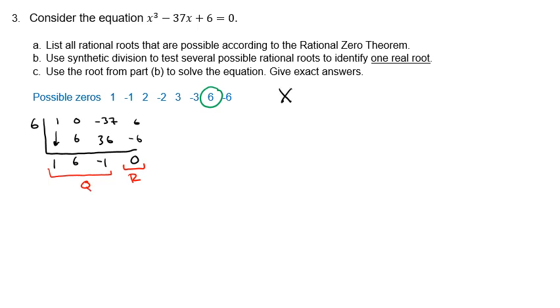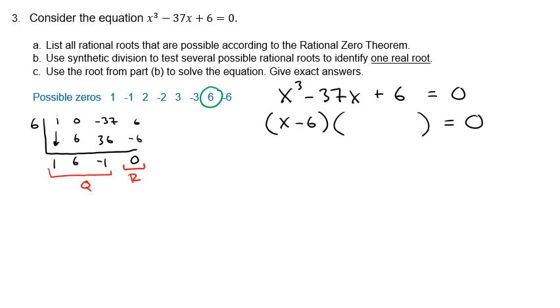So we start with x to the third minus 37x plus 6 is equal to 0. We found a factor because we found a 0, right? The 0 was 6, so x minus 6 is a factor. The other factor is the quotient, so that's x squared plus 6x minus 1.